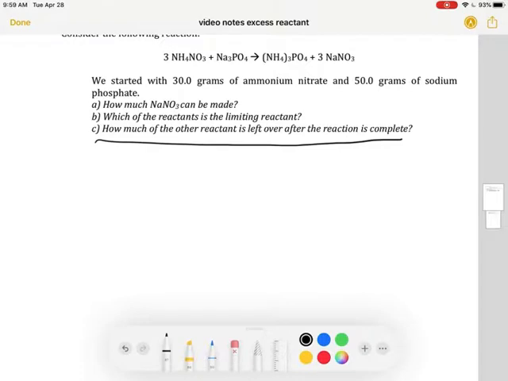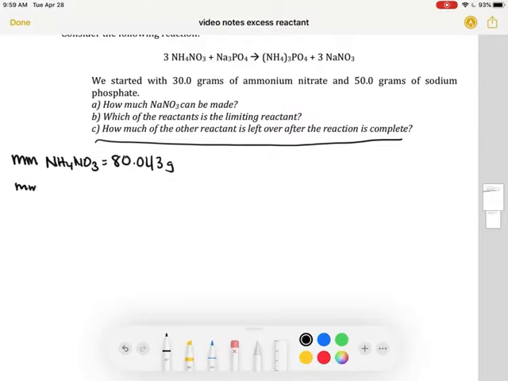So the molar mass of NH4NO3 is 80.043 grams.